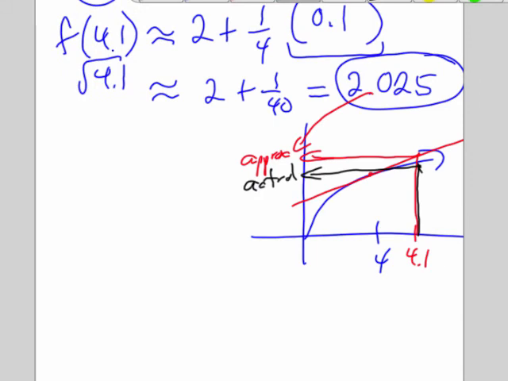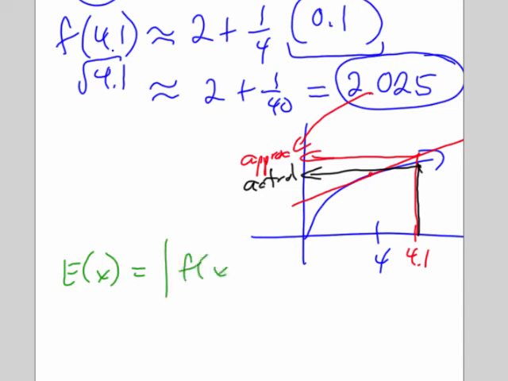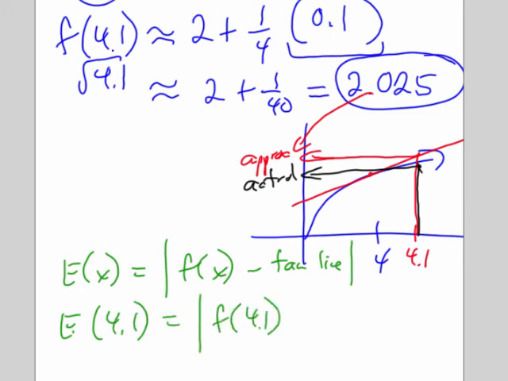By the way, if you want to extend this to the discussion of the error, which we mentioned earlier, the error is the absolute value of the difference between the function and the tangent line. So the error at 4.1 is f of 4.1 minus the value on the tangent line, which is 2.025.